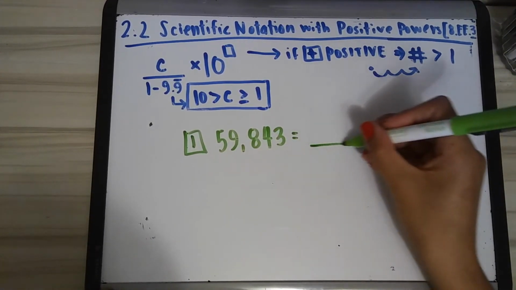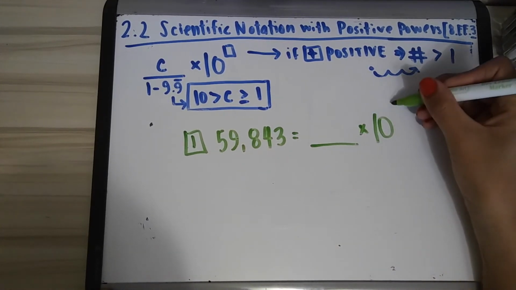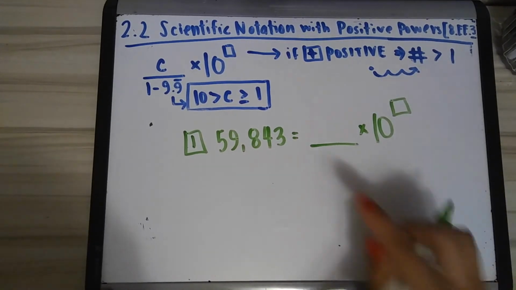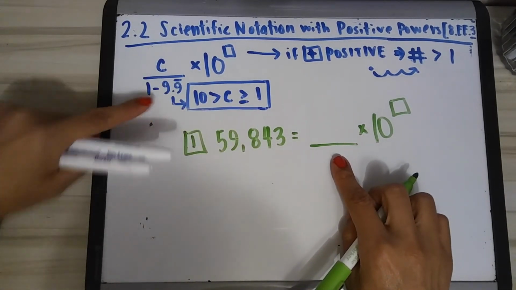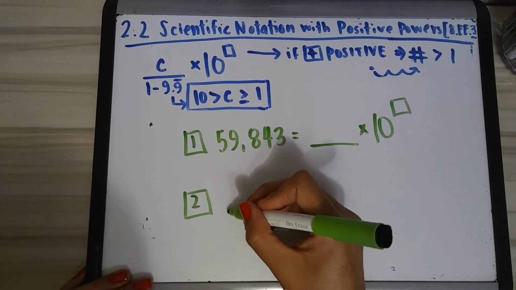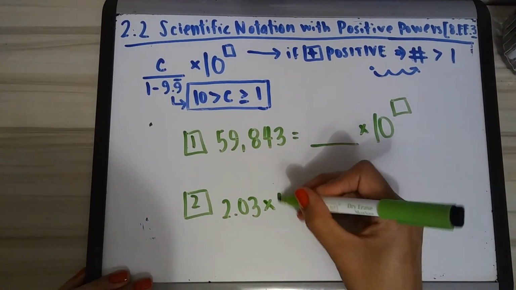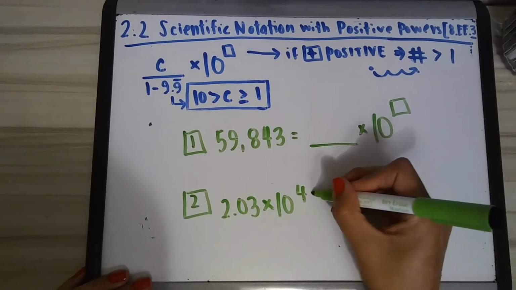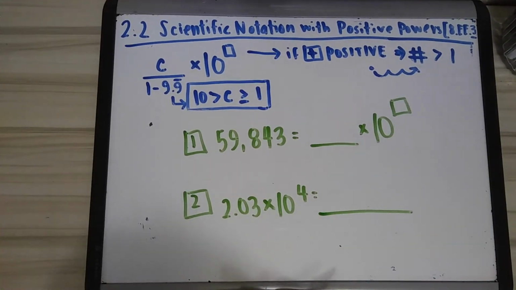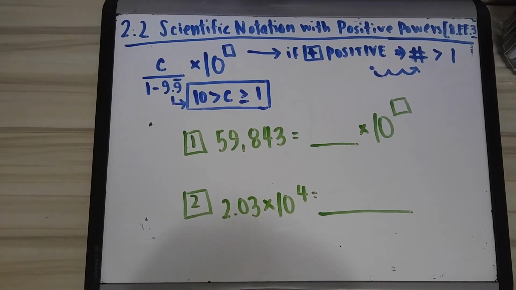So you're going to write a factor times 10 to some kind of power right here. Remember, this number has to be between 1 and 9.9. And then number 2, you are going to change 2.03 times 10 to the 4th. Give me the actual value for that scientific notation number.